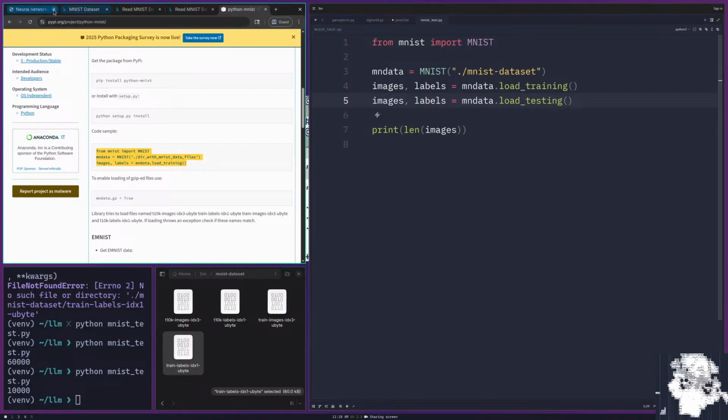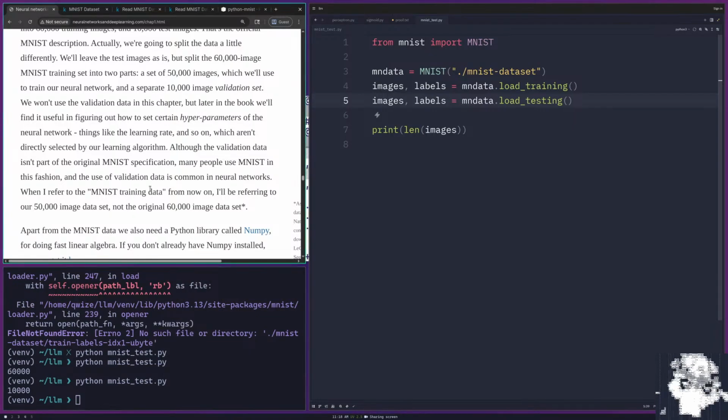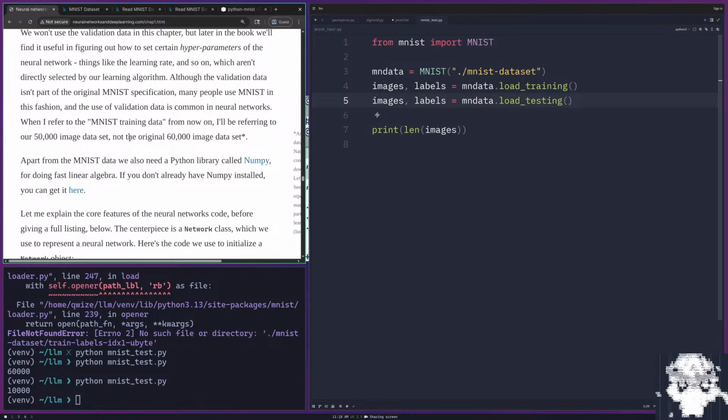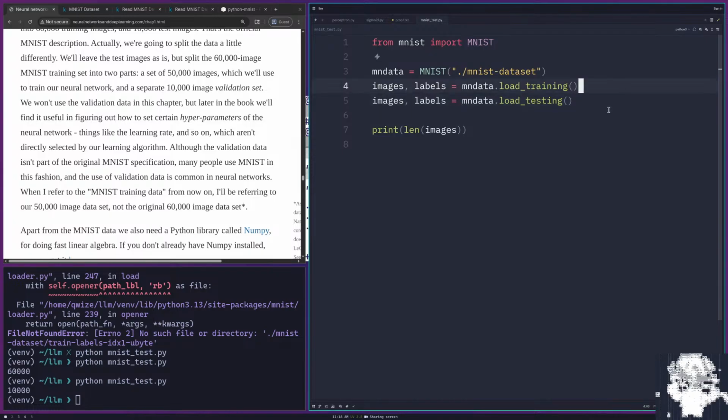Okay, back to here. Let's close this. So we want to split 10,000 of it into something, into validation is what they call it.